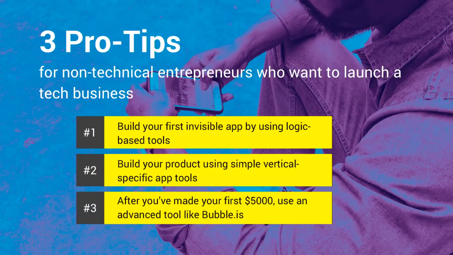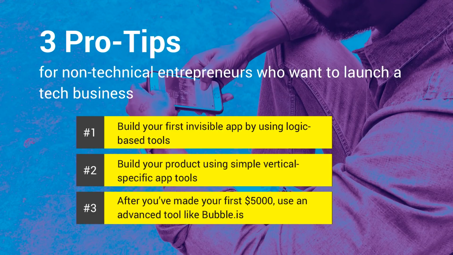So, quick recap of things we've talked about. Number one, you can build an invisible app by using logic-based tools. There are a couple startups that have done really well and gotten a lot of publicity, press, customers, etc. Magic is one, if you're familiar, with using logic-based tools. Number two, build your product using simple vertical-specific app tools.